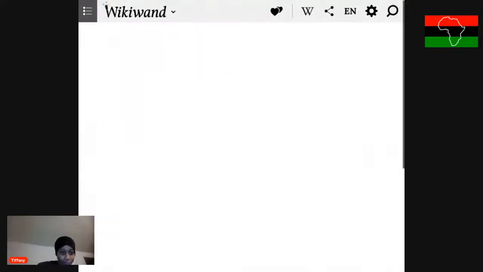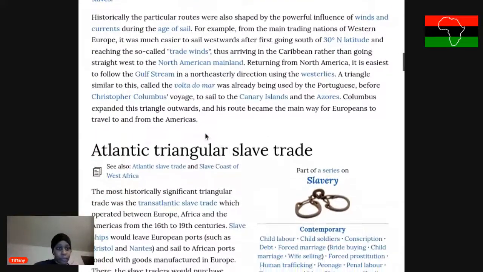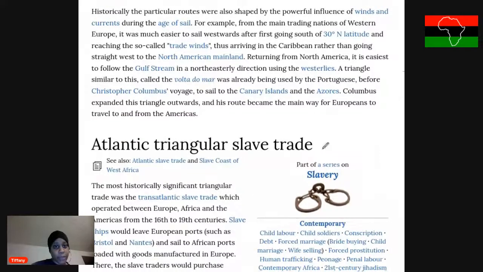Now let's go back. Anyway, historically, the particular routes were also shaped by the powerful influence of winds and currents during the age of sail. For example, from the main trading nations of Western Europe, it was much easier to sail westwards after going south of 30 degrees north latitude and reaching the so-called trade winds, thus arriving in the Caribbean rather than going straight to the North American mainland.